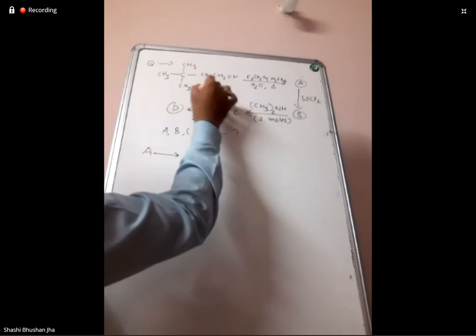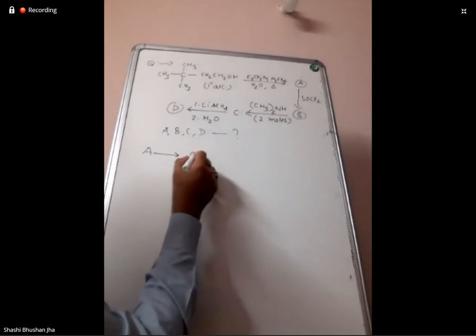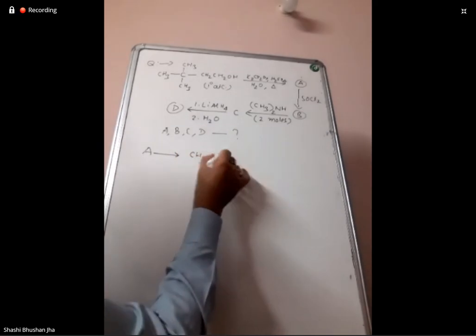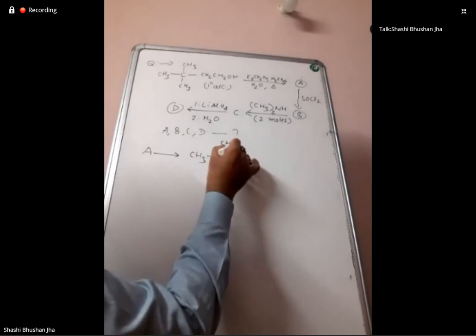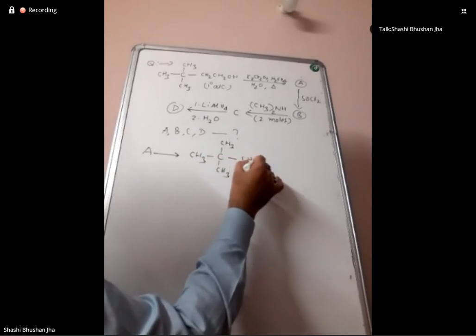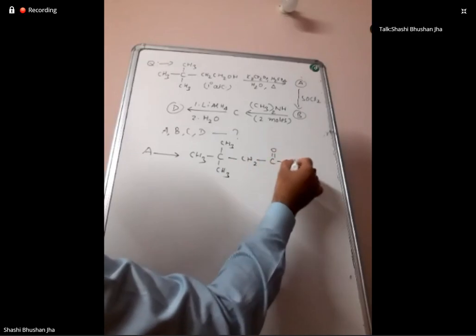When primary alcohol is heated with acidic potassium dichromate solution, the product will be carboxylic acid. So you will have this carboxylic acid. That is compound A.